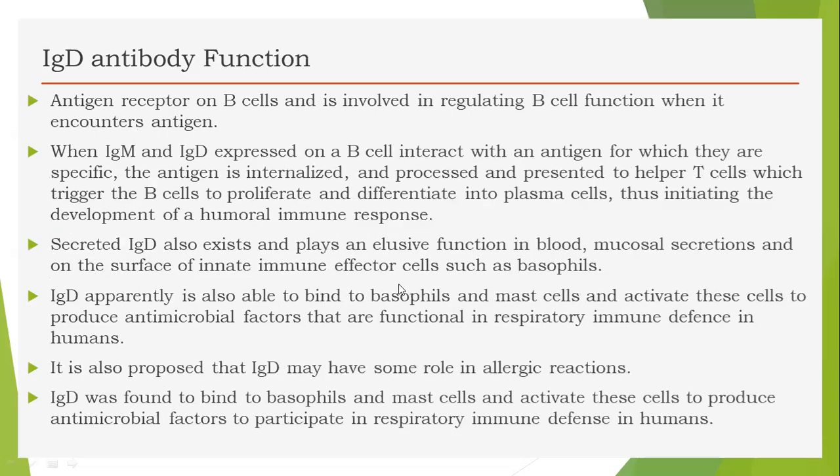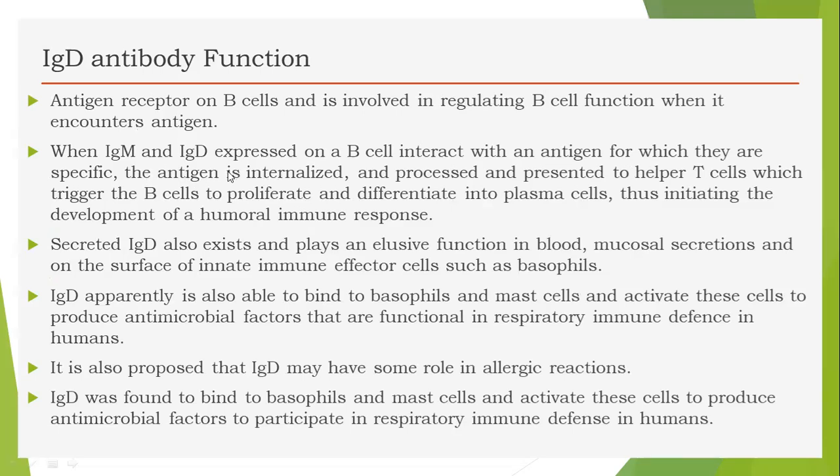With regard to function, the antigen receptor on the B cell is involved in regulating B cell function when it encounters antigens. And of course, the most important is when IgM and IgD expressed on the B cell interact with an antigen for which they have specificity, the antigen is internalized.